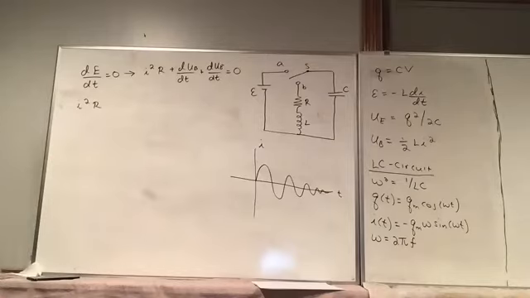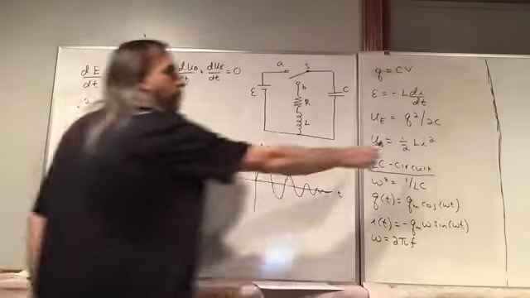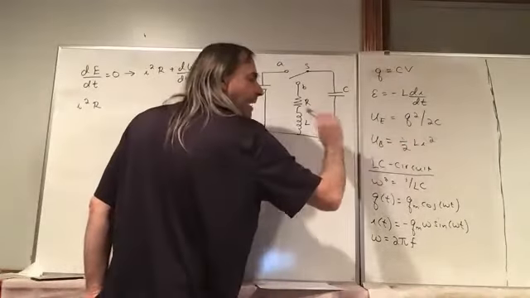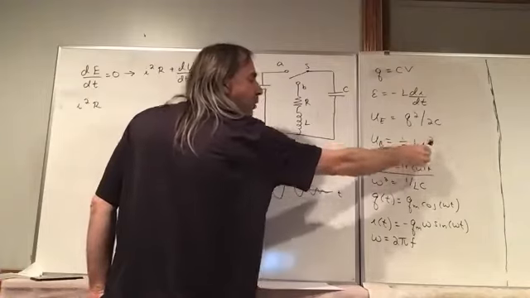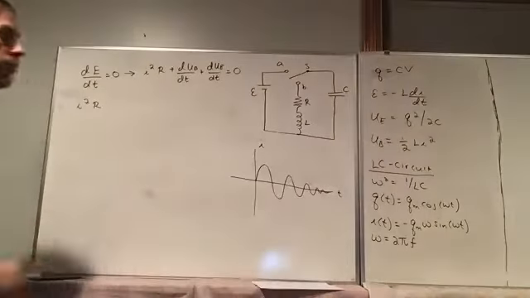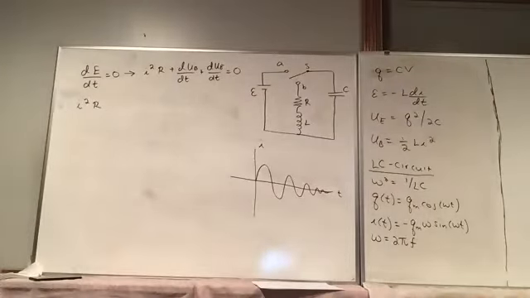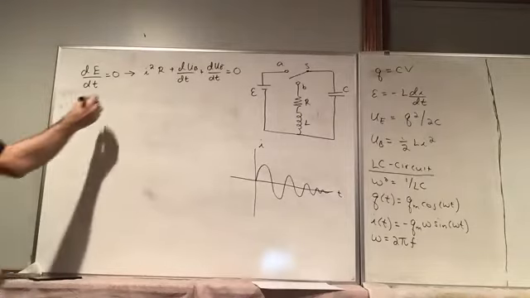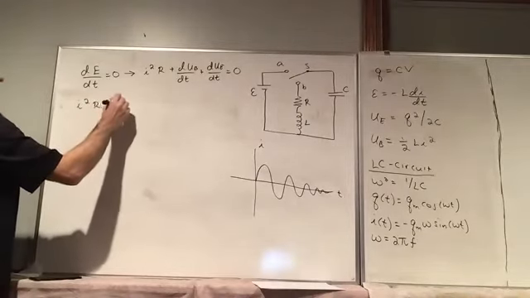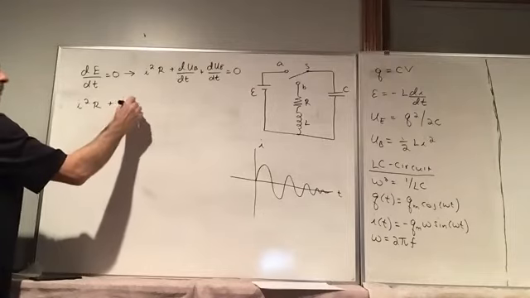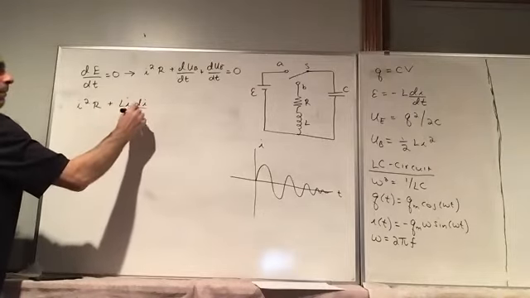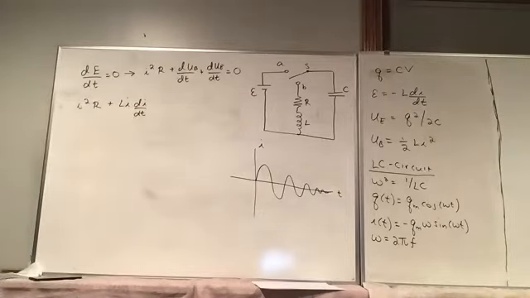So this next term, dU_B/dt, we're taking the derivative of this with respect to time. The I squared, we bring the 2 down, that cancels out the 1/2. So we have L i di/dt.